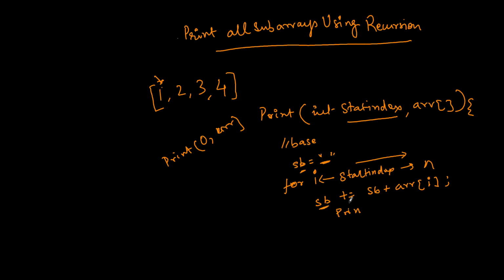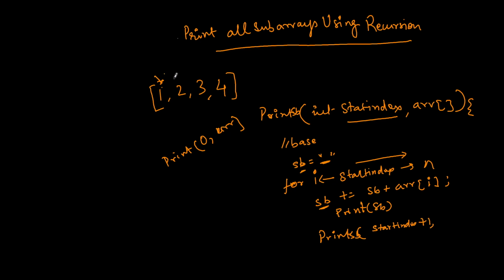Print that, and then make a recursive call. Let's call it print with SB, and the starting index would be start index plus 1.